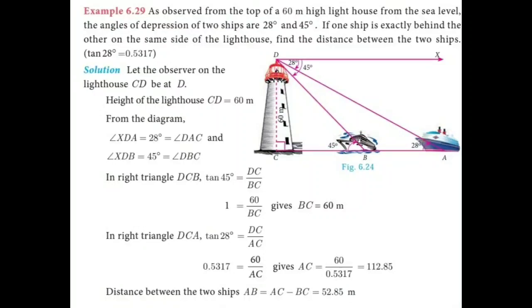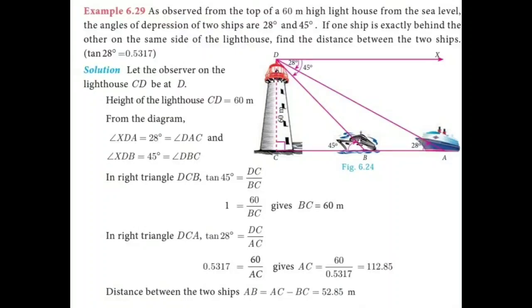Solution: Let the observer on the lighthouse CD be at D. Then let CD be the height of the lighthouse. Then D is the point of observation. Height of the lighthouse CD is equal to 60 meter. That is given. Angle of depression from the diagram, angle XDA is equal to 28 degree.